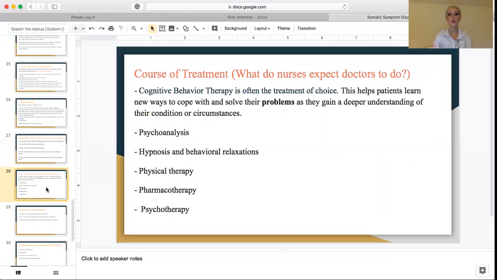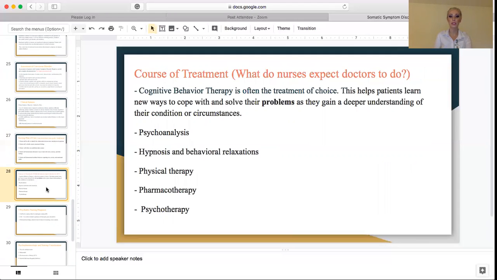Course of treatment, what do we as nurses expect doctors to do? Cognitive behavior therapy is often the treatment of choice. This helps the patient learn new ways to cope with and solve their problems as they gain deeper understanding of their condition or circumstances.